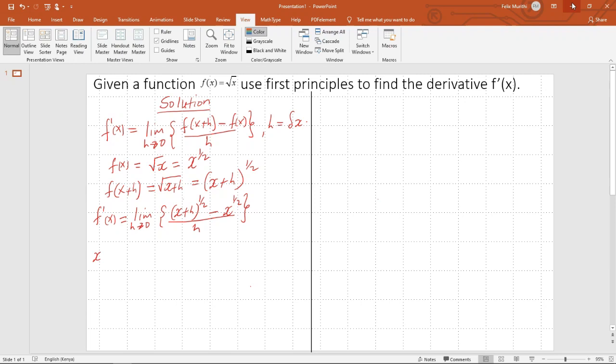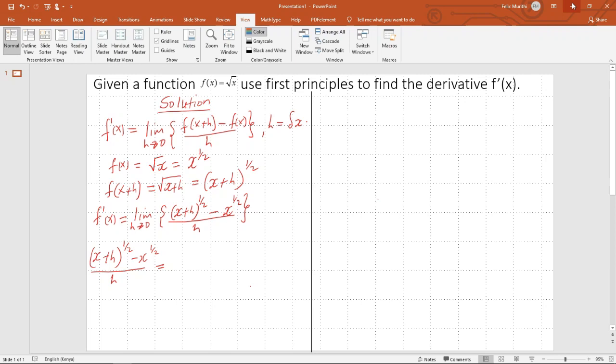So we have x plus h power half minus x power half all over h. Because this involves square root, we can simplify it by rationalization, and this will be done by multiplying by the conjugate.